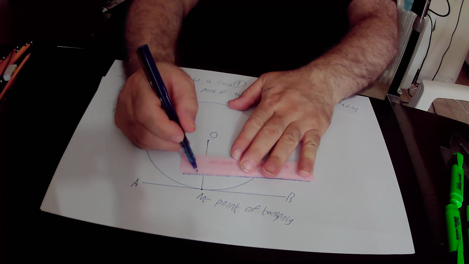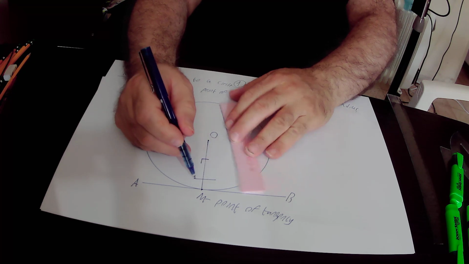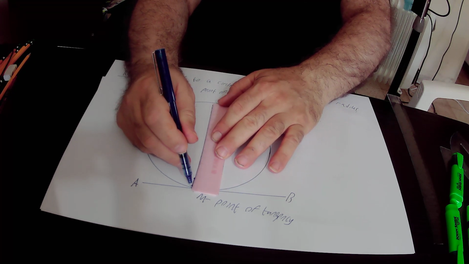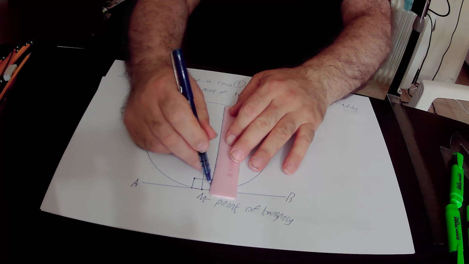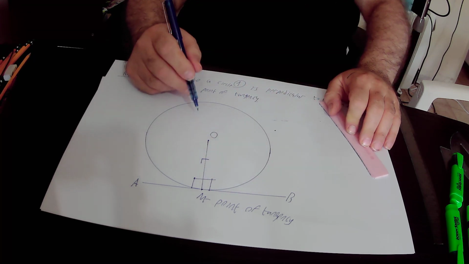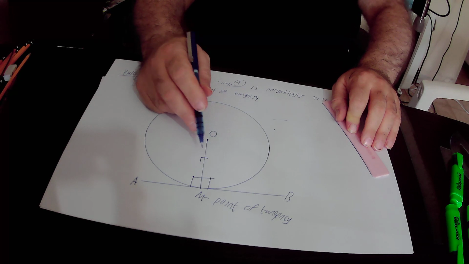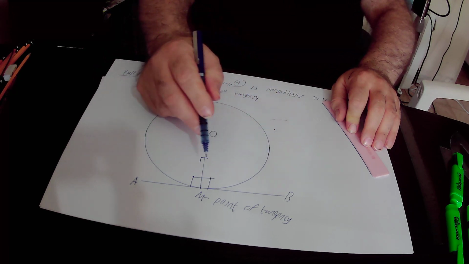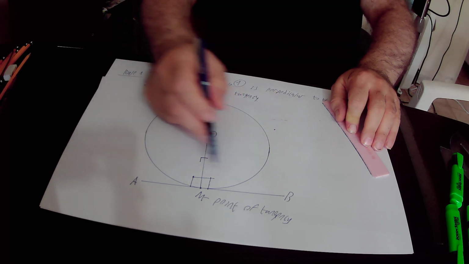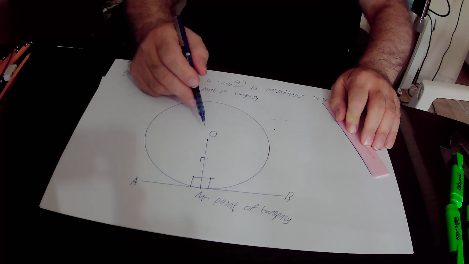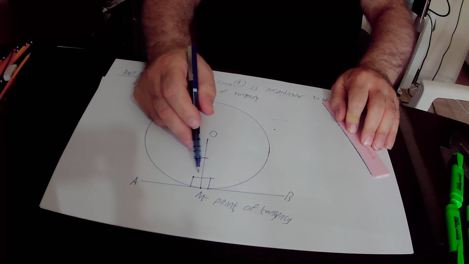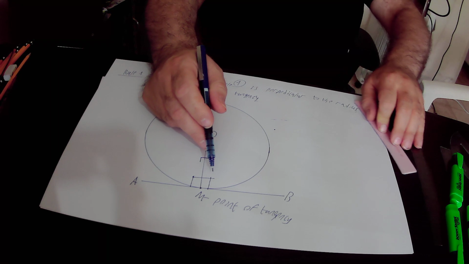That is to say, this angle will be equal to 90 degrees, and this angle will also be equal to 90 degrees. So again, whenever a radius is drawn to the point of tangency, the tangent will be perpendicular to that radius.